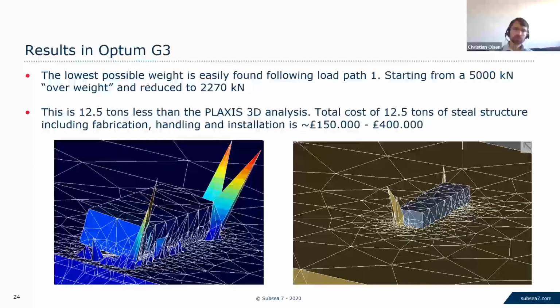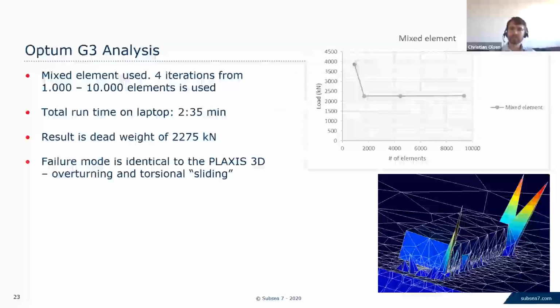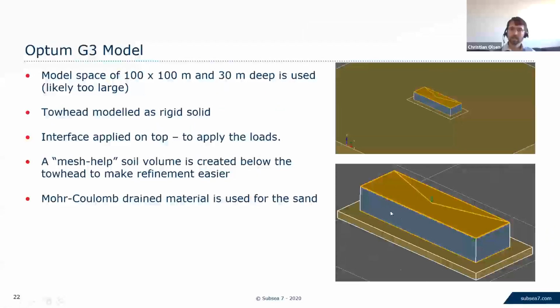So in Optum G3, the lowest possible weight is very easily found with load path 1. I can maybe just explain that I used a weight of this material, and then I had a load applied upwards to then reduce the load.